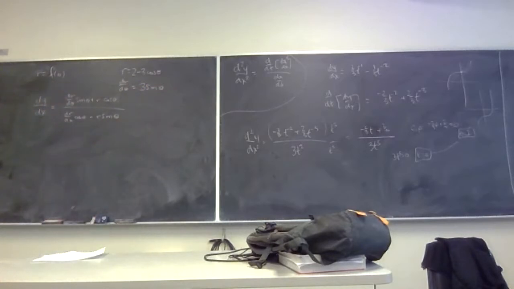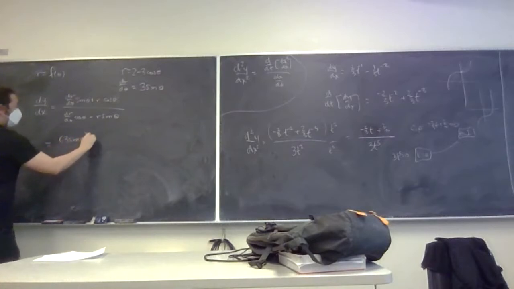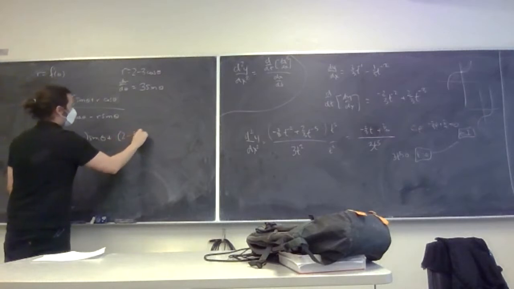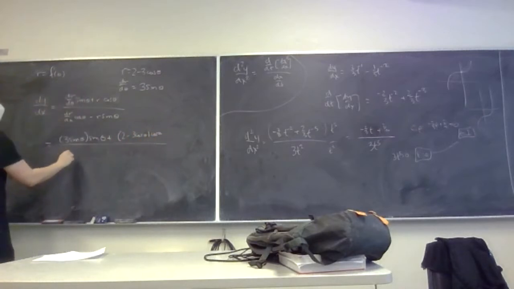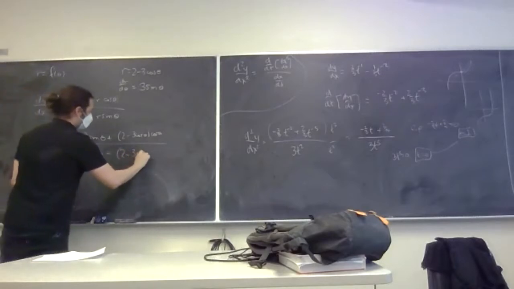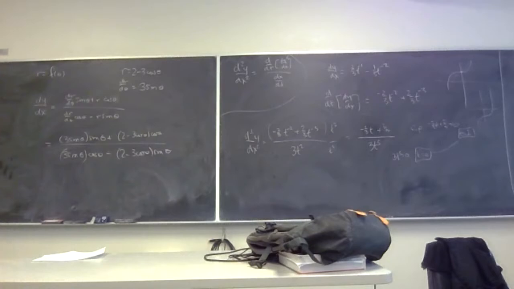I plug in 3 sine theta plus 2 minus 3 cosine theta, and 3 sine theta cosine theta minus 2 minus 3 cosine theta sine theta. Now, I don't care if you algebraically simplify that. If you got a problem like this, you just leave it.